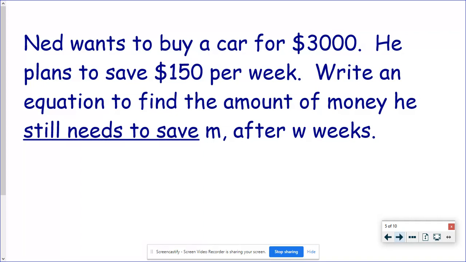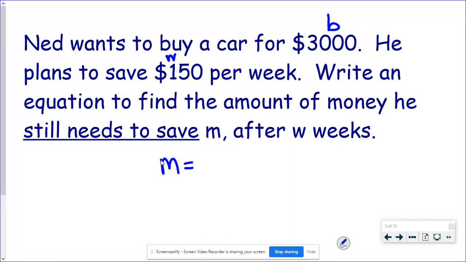So the amount of money that he still has to save, every week, he's saving $150. So he's actually decreasing the amount that he still needs. But we still have to decide here, slope and y-intercept. The y-intercept is how much he's beginning with, what he needs.